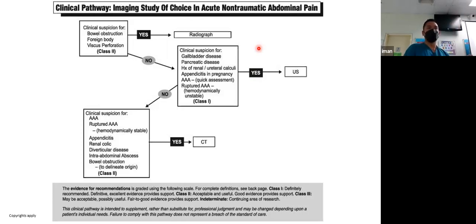So kita nak decide is either X-ray, ultrasound or CT. Okay. And then if tak ada, we are not thinking of bowel obstruction, foreign body, viscus perforation, but we are suspicious of pancreatic disease, the AAA, appendicitis in pregnancy. Then our best next modality is ultrasound. If no, we are thinking of diverticular disease, intra-abdominal abscess or bowel obstruction. The one is kita akan proceed with CT.